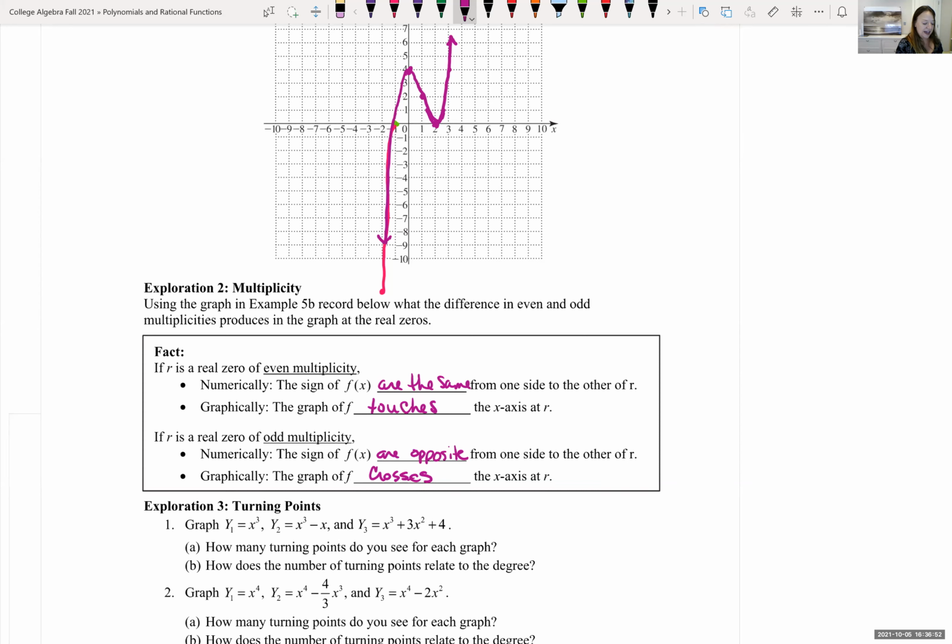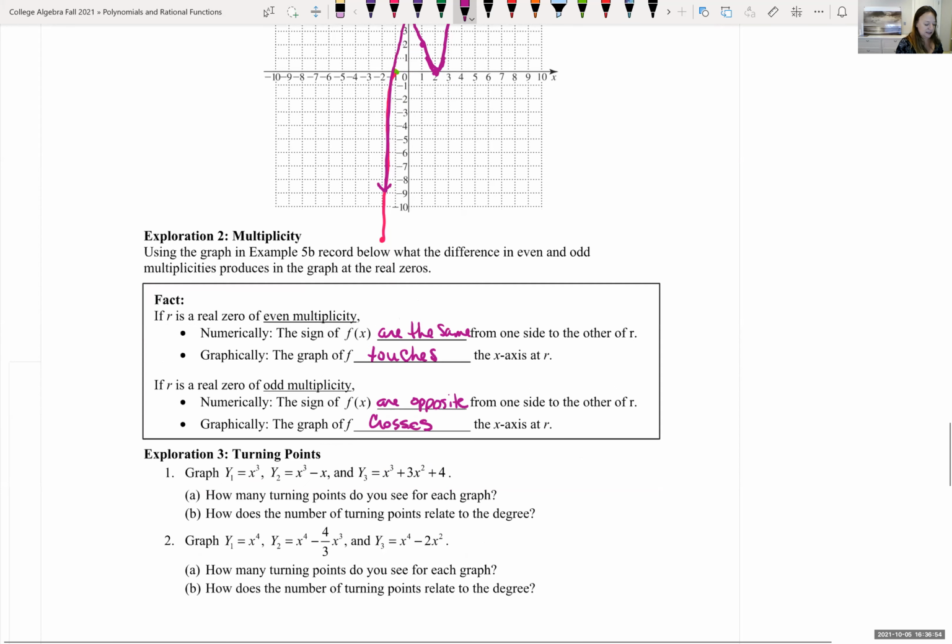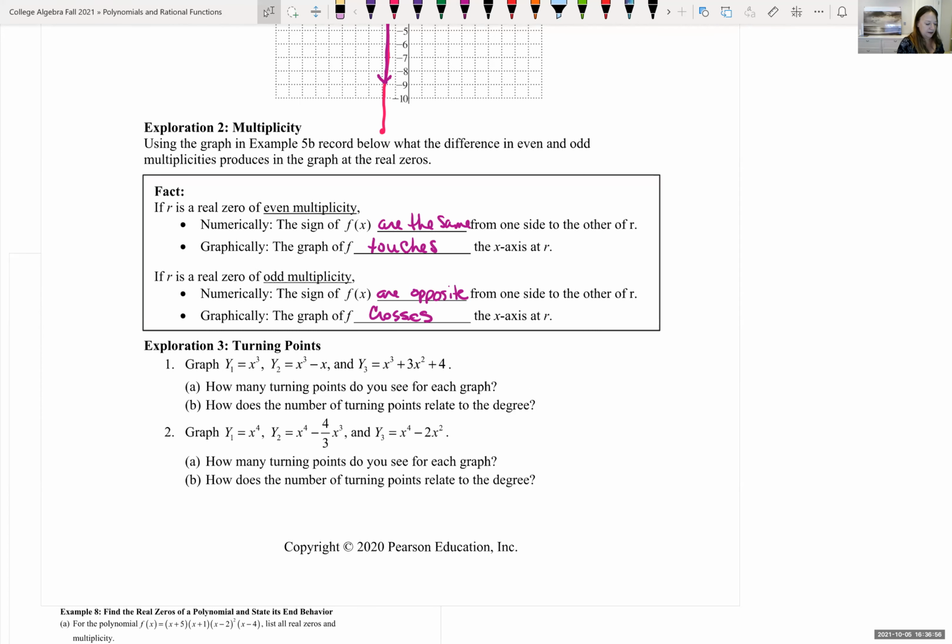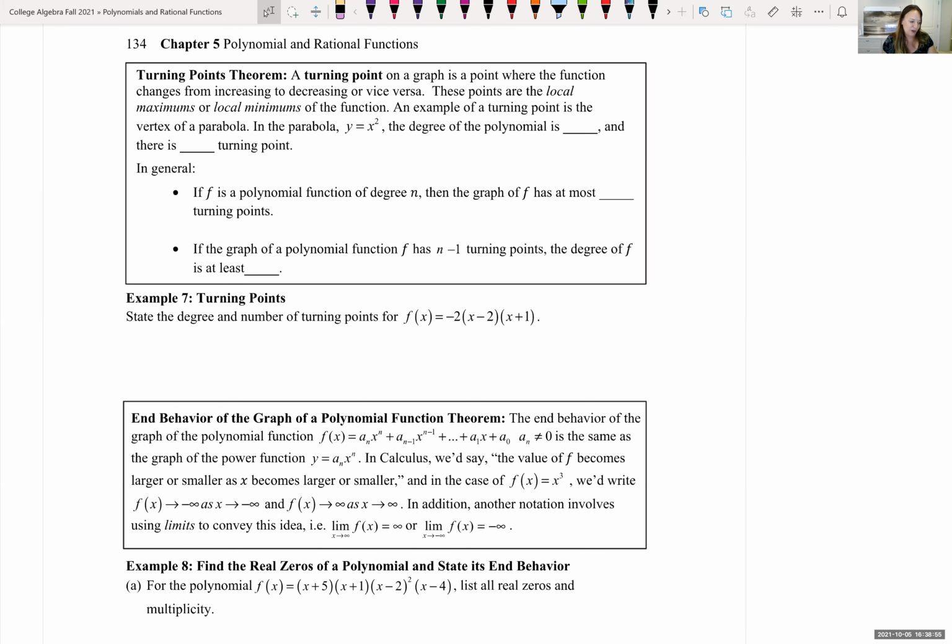Okay, so looking at turning points on a graph. The number of turning points in the graph of a polynomial has to do with the degree of the polynomial. Let's look at what it states.